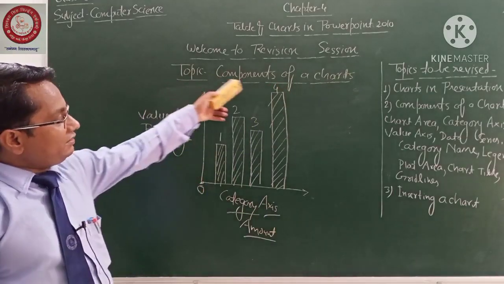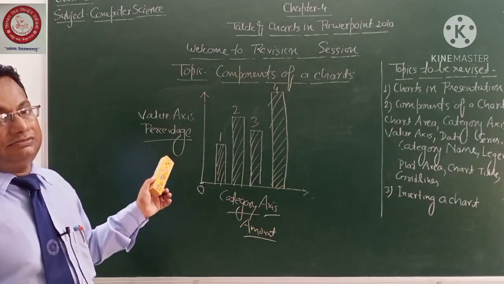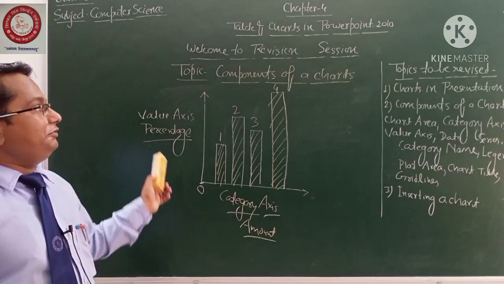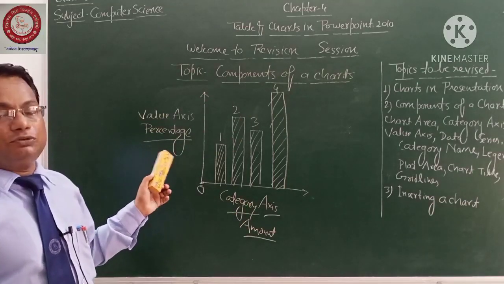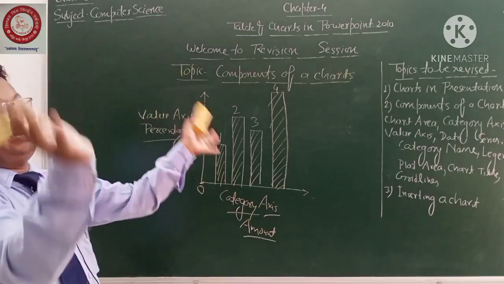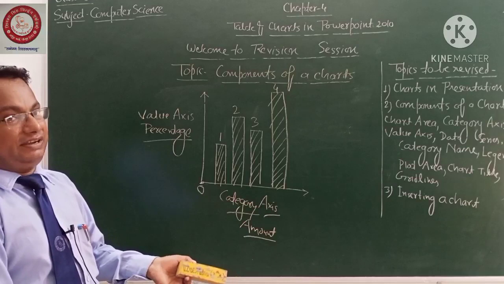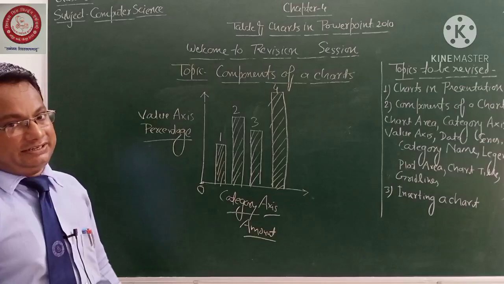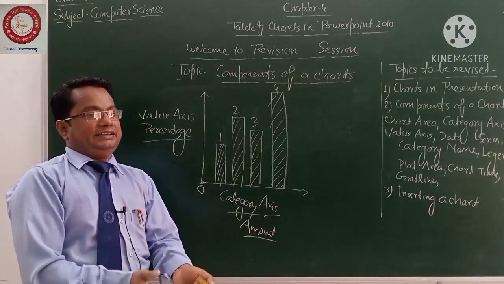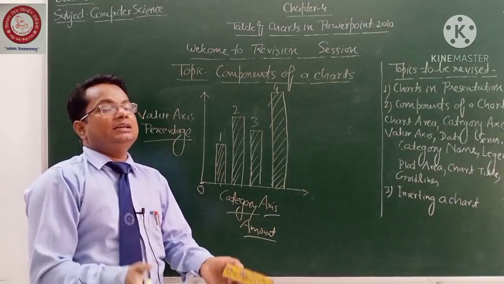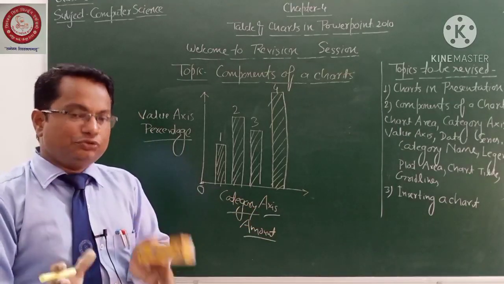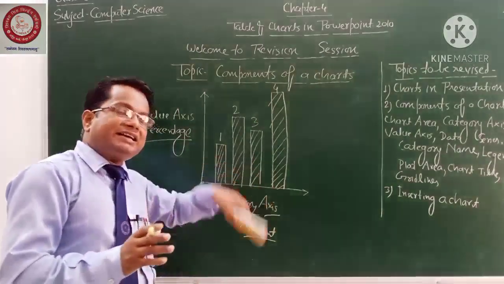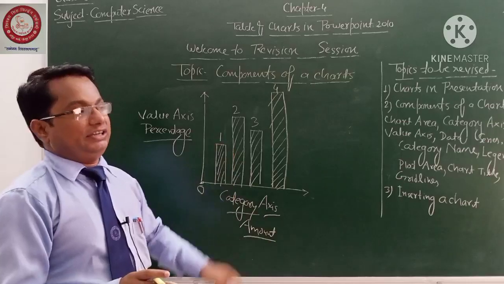Now, where this chart is going to be made, that whole chart is known as the chart area. Where this graph is made at a particular place, the whole chart uses some kind of area. But in the whole chart area, the particular space used for drawing the graph, that particular space inside the chart area, is known as the plot area.